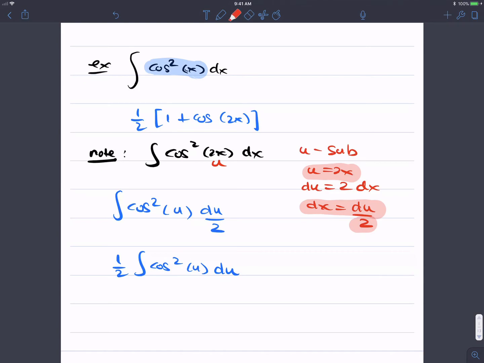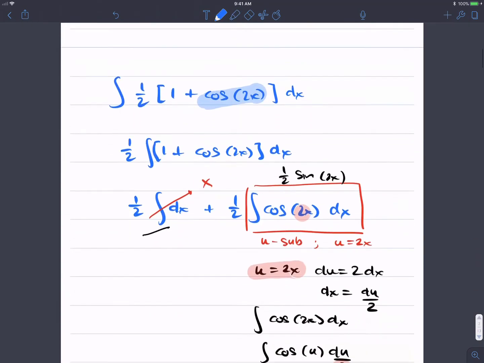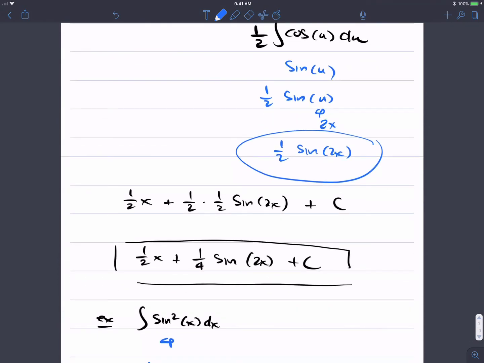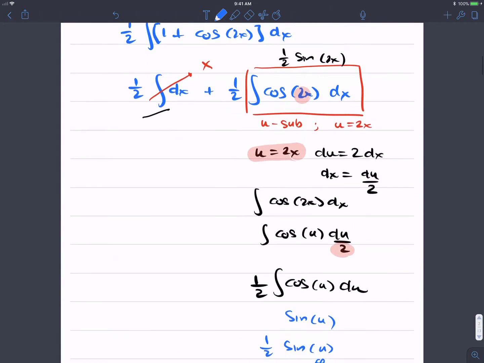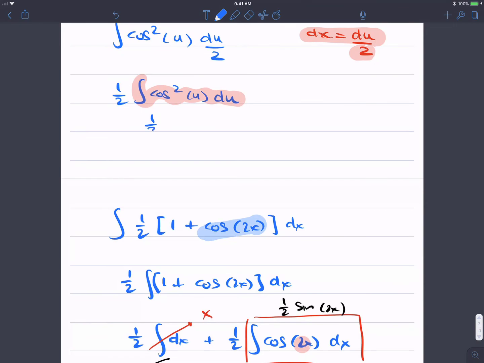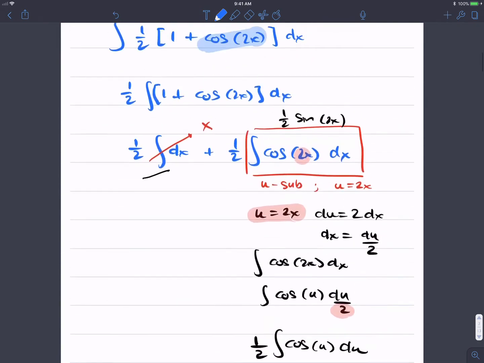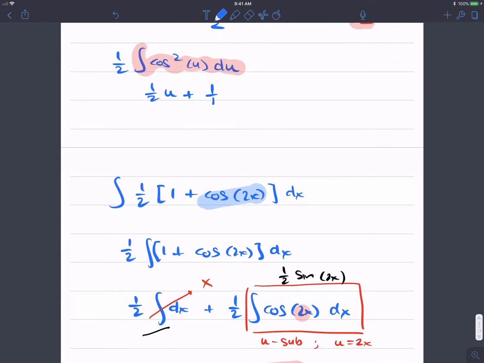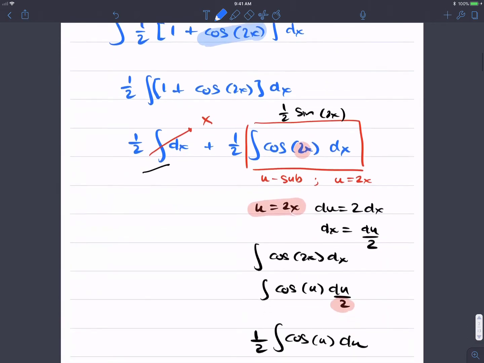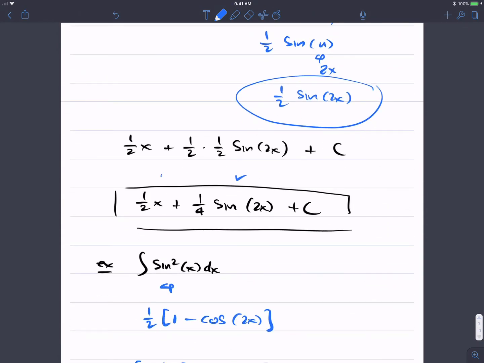You're going to replace that integral with what you had already found it to be, with this. 1/2, but it's going to be now 1/2 u plus 1/4 sine, that is really 2u. And yes, you can say plus your constant, but you're going to have to go back to the work you did here. Okay, so this is kind of how you go about it.